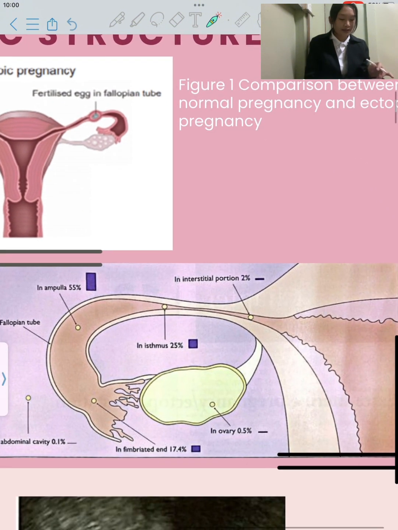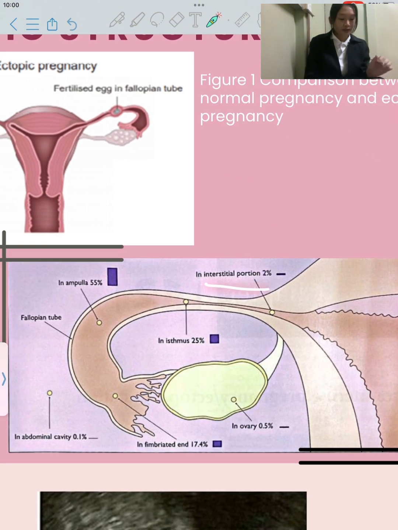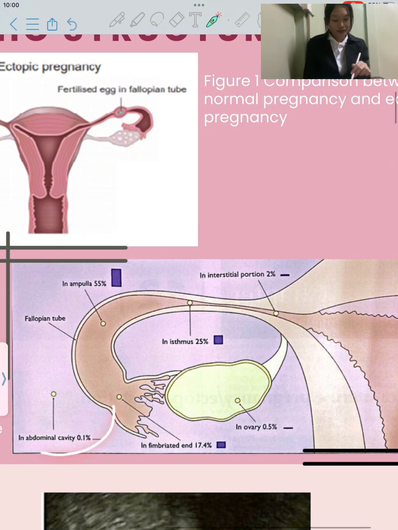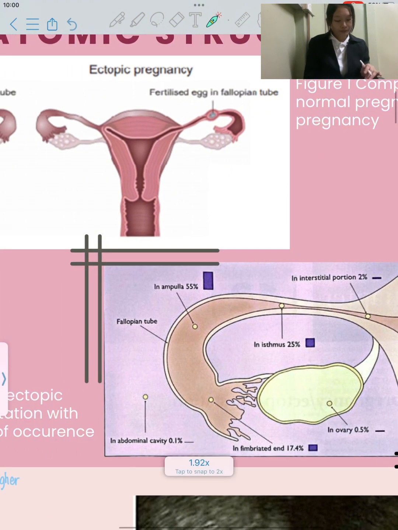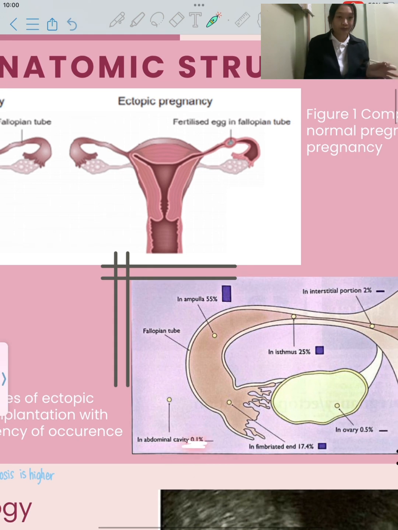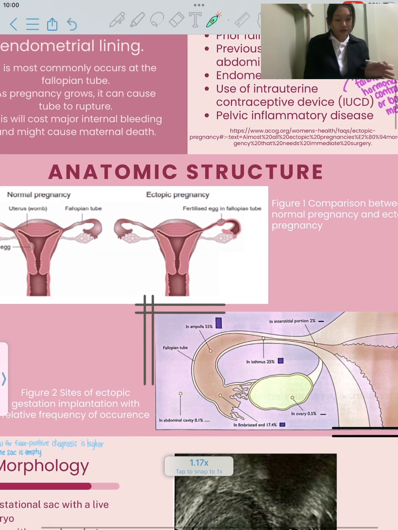The other sites are the interstitial portion, the isthmus, the ampulla of the fallopian tube, the fimbriated end, and also the ovary. But it can also get into the abdominal cavity, though with a very low percentage of occurrence.